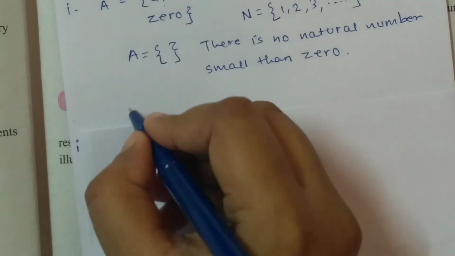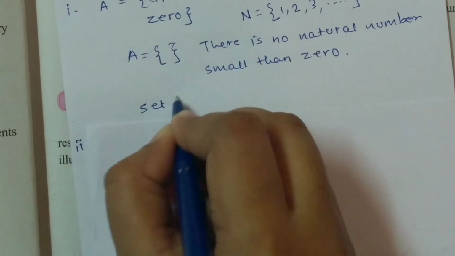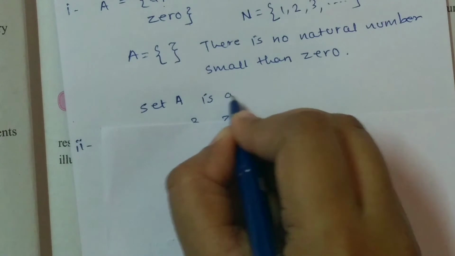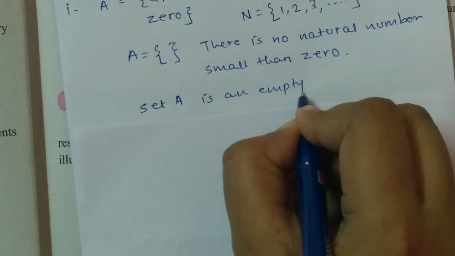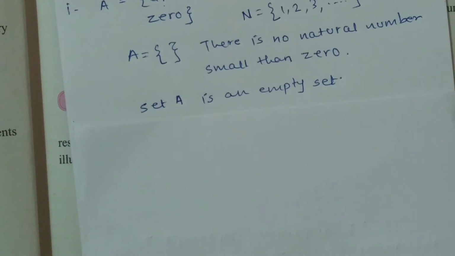We have to write here that set A is an empty set. In this way you have to solve the remaining 2 sub-questions.